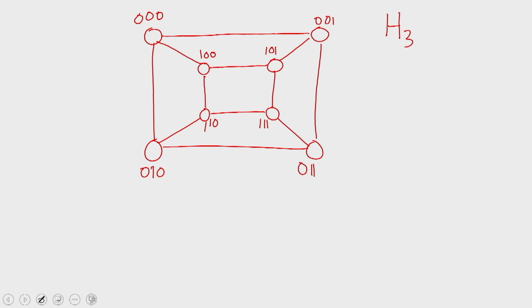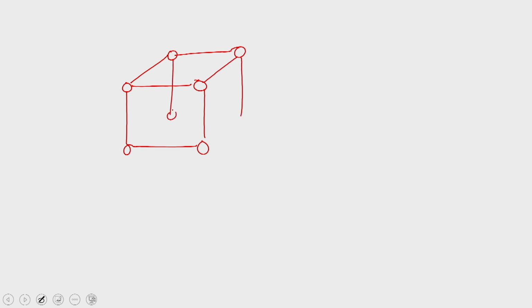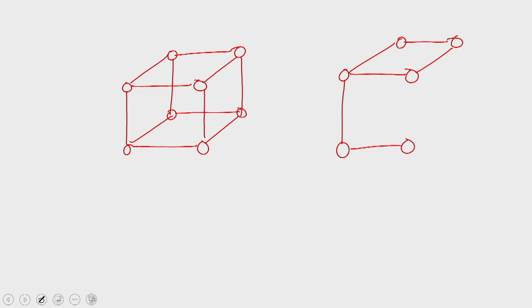Now coming on to the fourth dimension, we take two hypercubes of dimension 3 and interconnect the corresponding nodes.